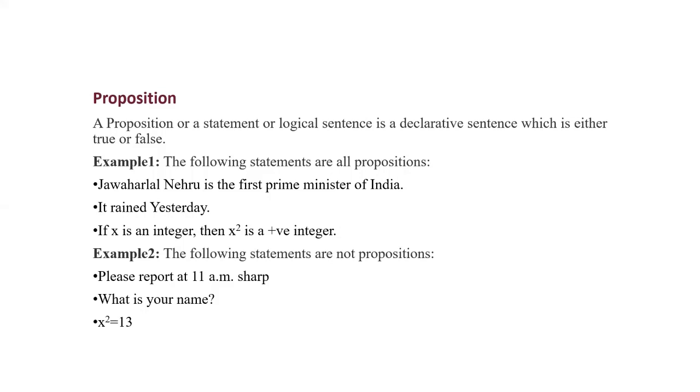What is your name? What is the truth value of this? There is no truth value, either true or false, right? Again, x square equal to 30. These statements are not propositions because they don't contain any kind of truth value, either true or false.